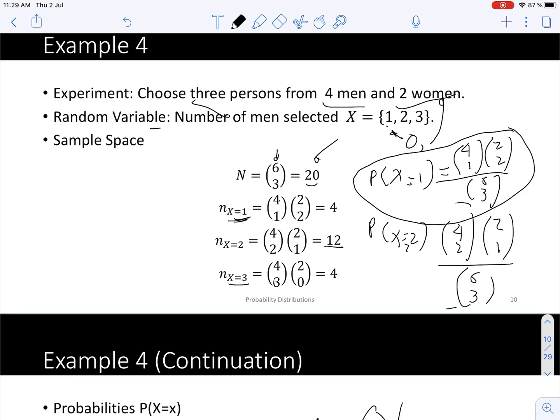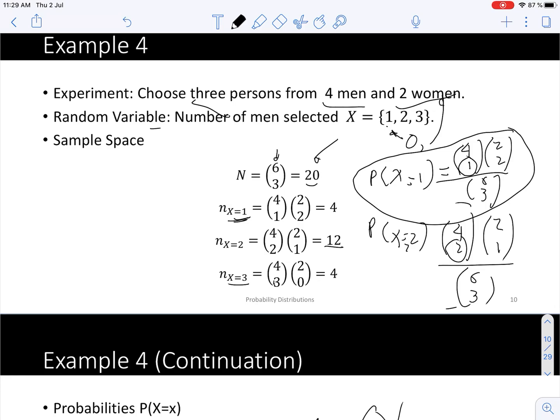Even for x equal to 3, again, the number of points in the sample space is the same, right? But now you can check in the numerator, we can identify some patterns. So here, for example, it's equal to x, right? If x equals 3, then from 4 we take 3.